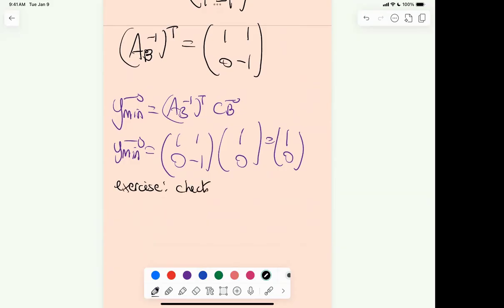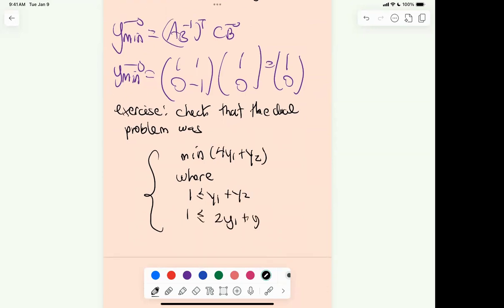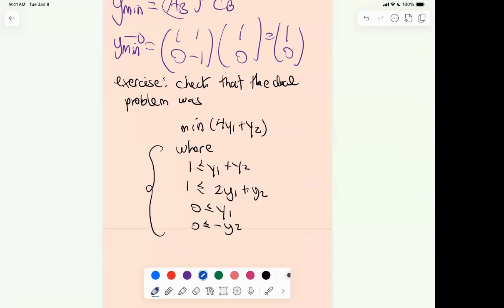Check that the dual problem was the min of 4y1 plus y2, where these are the conditions you get if you write out what C less or equal to A transpose y means.